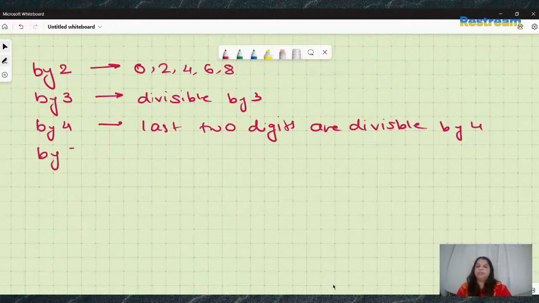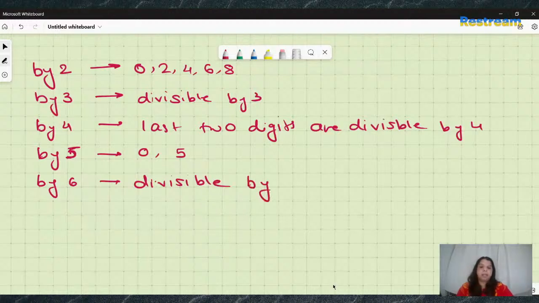By 5, the number should end with a 0 or a 5. By 6, the number has to be divisible by 2 and 3, not or, and 3.